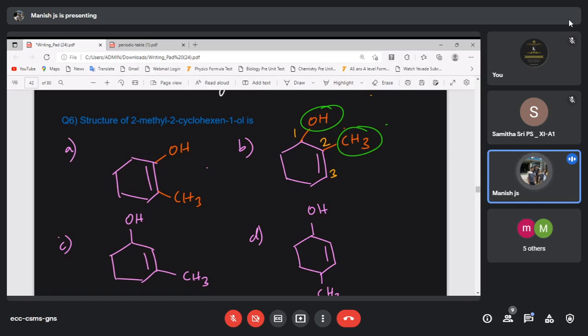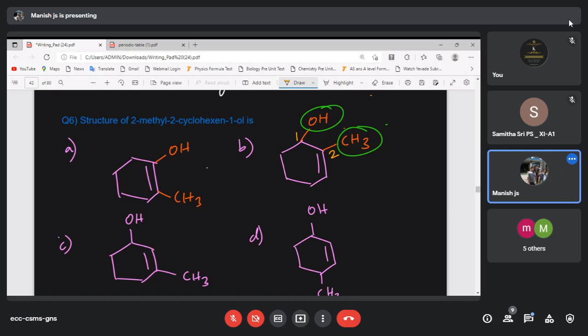And besides this, since there is a double bond, you have to give preference to the double bond also, no? If you give the double bond preference, the numbering changes, and the alcoholic group would get number 2. So I am going to give the least numbers. That is the reason I put 1 and 2 here. So 2-methyl is fine.